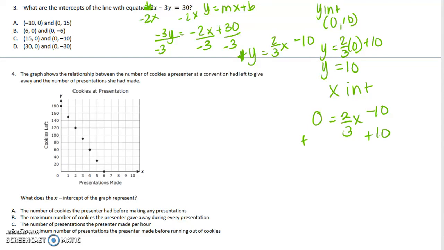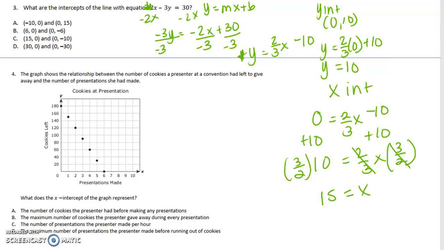So if I were to solve this for x, I can multiply both sides by that 3 over 2. Remember, we can multiply a fraction by its reciprocal, right? 3 times 10 is 30, divided by 2 is 15. So my x-intercept is going to be at 15, 0. My y-intercept is going to be at 0, 10.